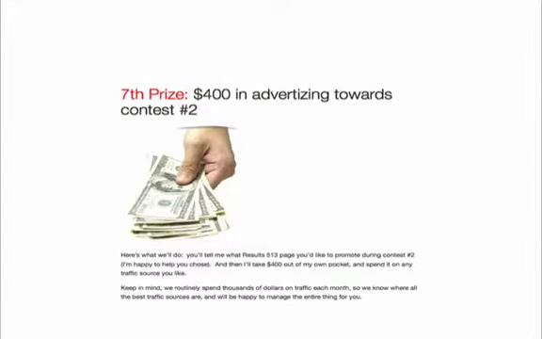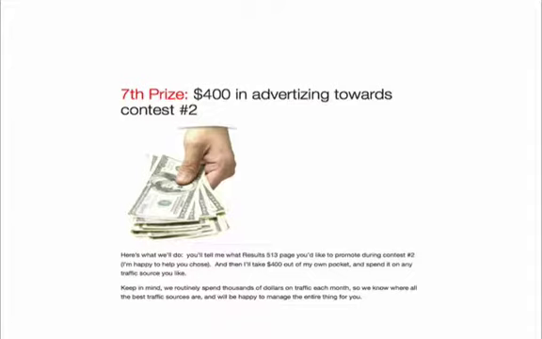Seventh prize is $400 in advertising towards contest number 2. Now, if you read the information on the page that you're redirected to, then you know that we're having 2 contests. This is contest number 1, and then contest number 2 starts on December 5th, and it runs from December 5th, I think, to December 30th, or the end of the 31st.